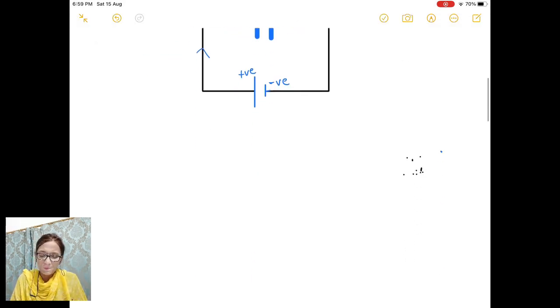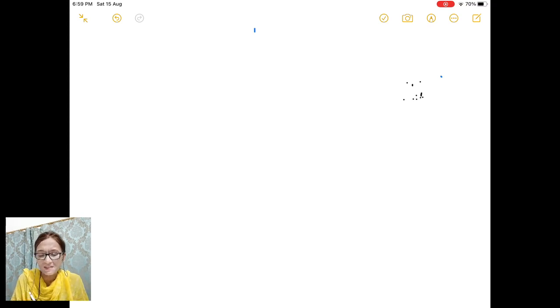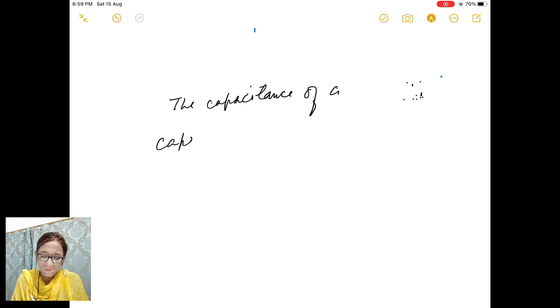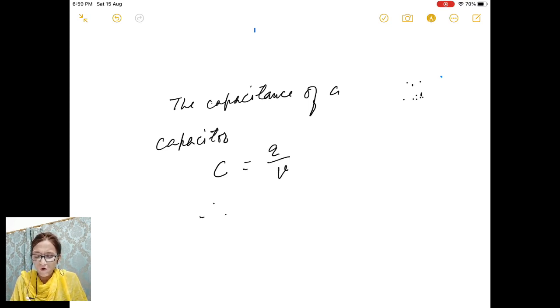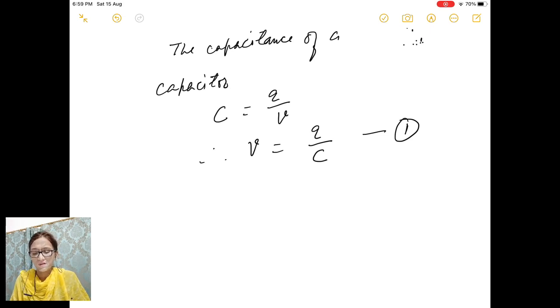We know that the capacitance of a capacitor C is equal to Q coulomb upon V volt, and from here we can find the instantaneous voltage in terms of Q and C. This is equal to Q by C. So this is your voltage, and the voltage supplied by the alternating source is given as V equals Vm sin omega t.